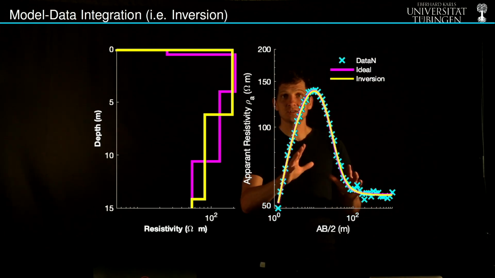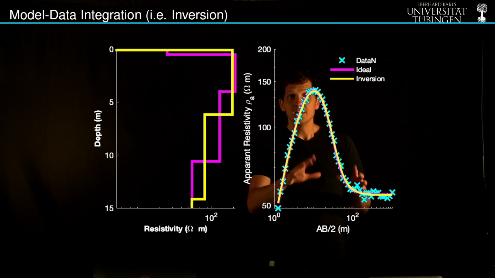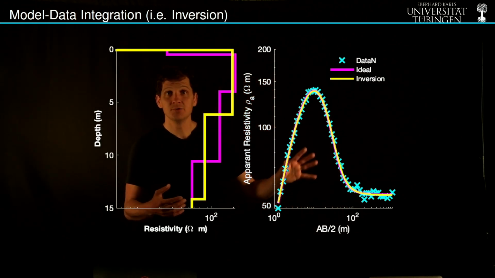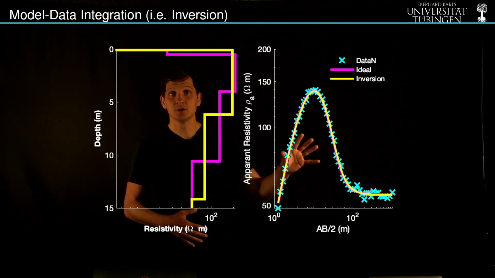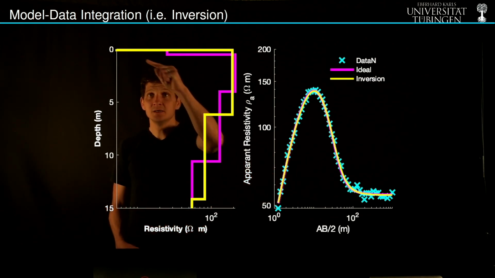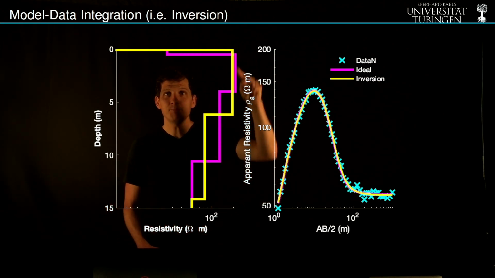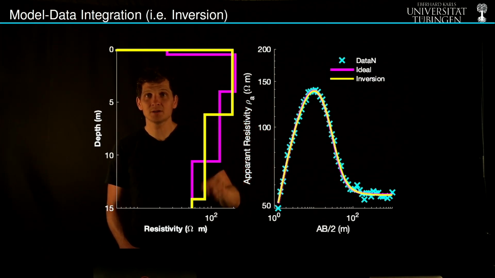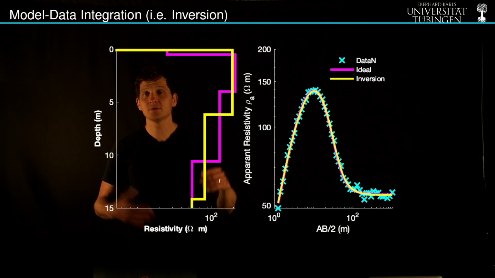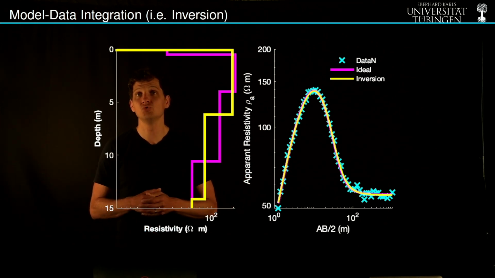I used these observations and found an optimal set of model parameters which would explain those observations, and this is shown with the yellow curve. So the yellow curve is my best guess of what the subsurface model looks like. It's a 3-layer case. It has 2 horizontal boundaries.